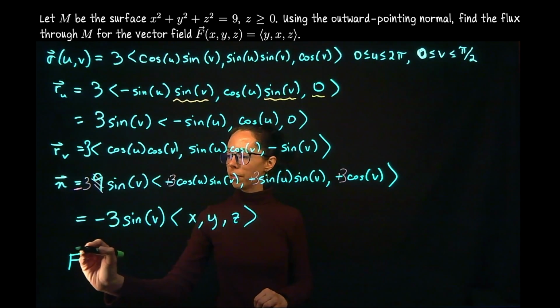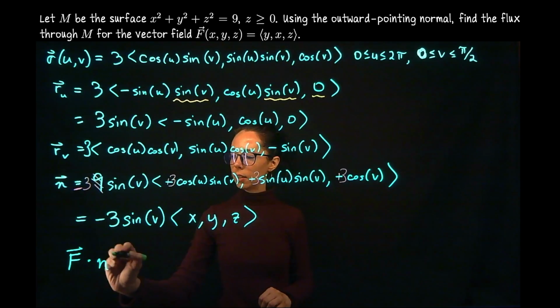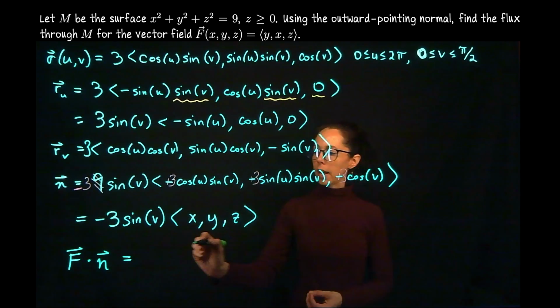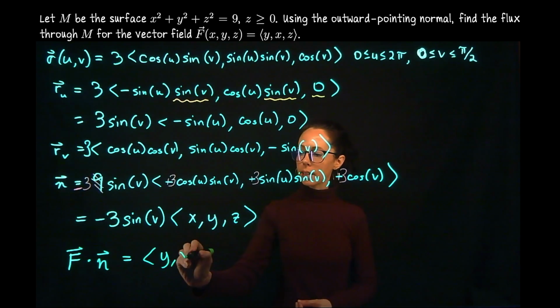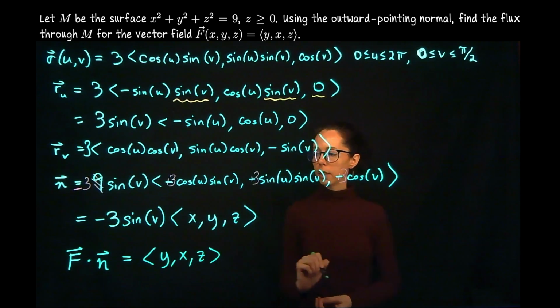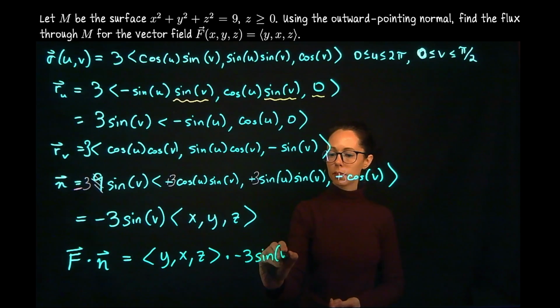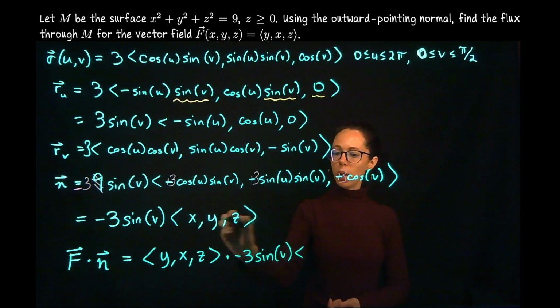What would F dot n look like? Well, our vector field F is y, x, z, dot this leading factor, negative 3 sine of v, times x, y, z.